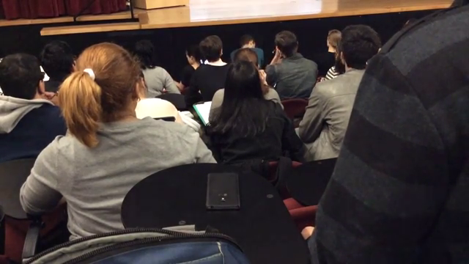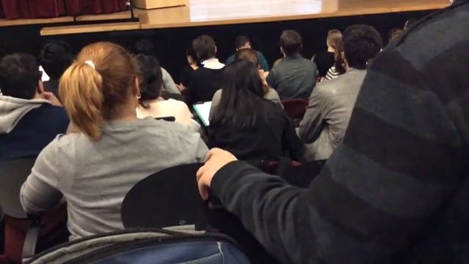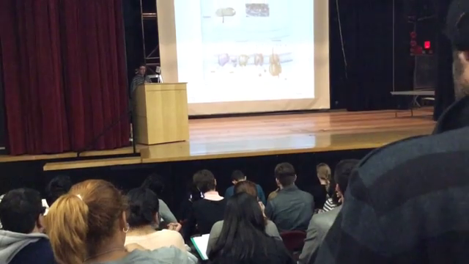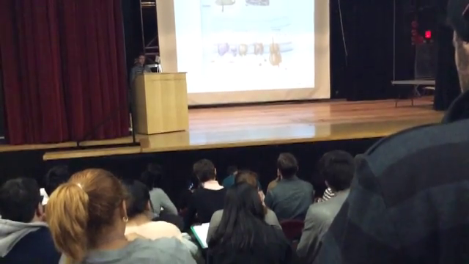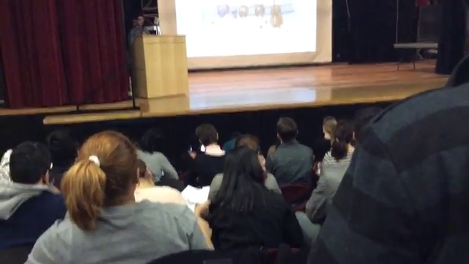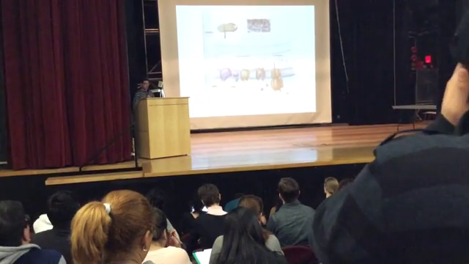If you stop any of the steps in electron transport, so if you block this step, which is what cyanide does, or if you block this step, the whole of electron transport will stop. So if cytochrome C cannot donate its electron, it will not pick up one from complex 3. If complex 3 cannot donate an electron, it will not pick up one from ubiquinone.